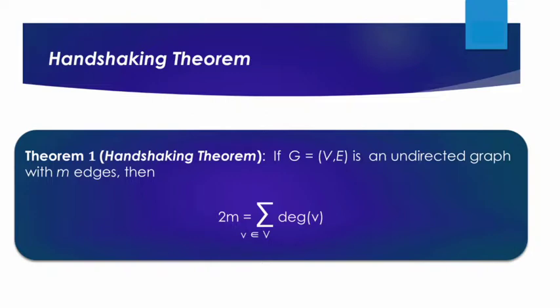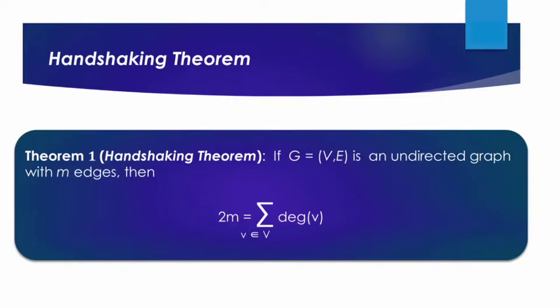This means that the sum of the degrees of the vertices is twice the number of edges. We have the result in the following theorem, which is sometimes called the handshaking theorem. It's called handshaking because of the analogy between an edge having two endpoints and a handshake involving two hands.